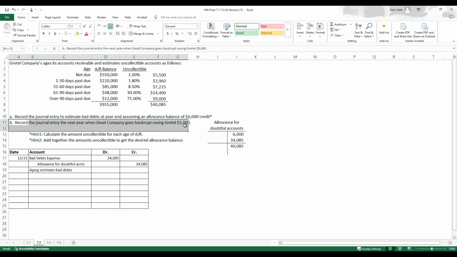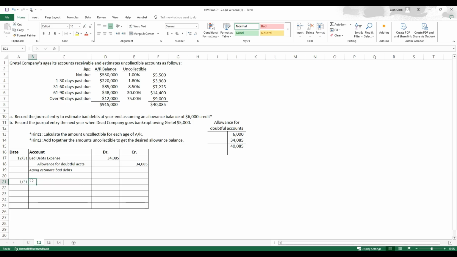And then in step B, it asks us to record a journal entry in the following year when Dead Company goes bankrupt owing $5,000. So let's just assume January 31st. This is the following year.